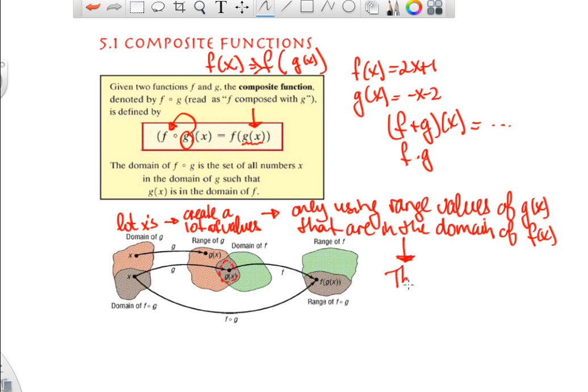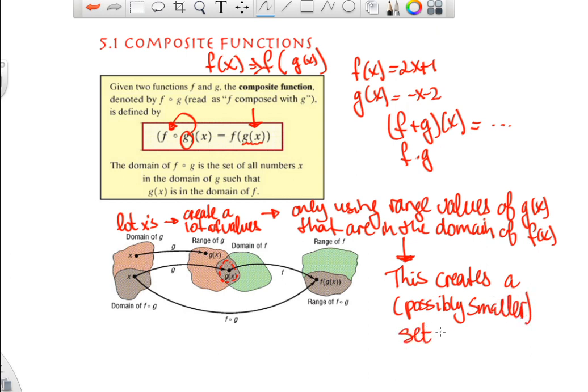So the values that are in the range of g that fall in the domain of f create a possibly smaller set.